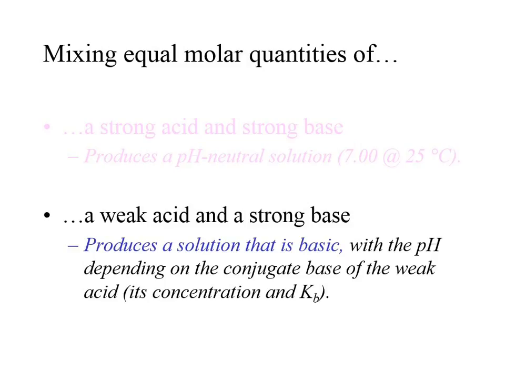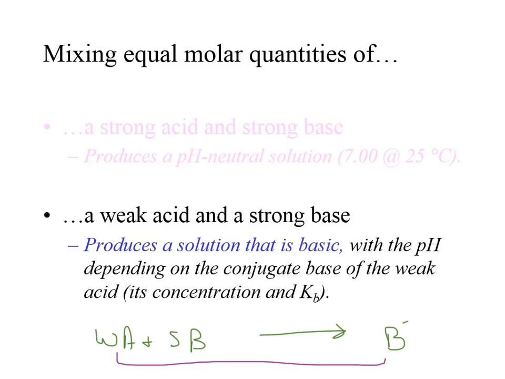On the product side of a weak acid plus a strong base, if they're in equal molar quantities, what's going to drive the pH of that solution is the B minus that you have created, the conjugate base.